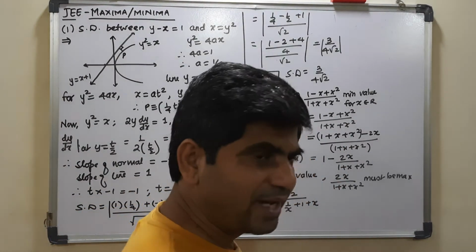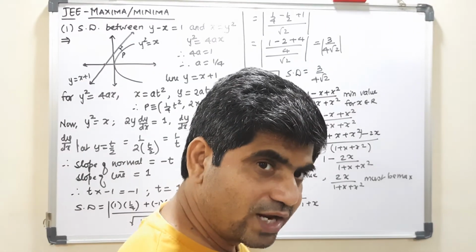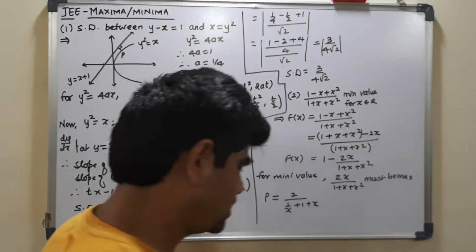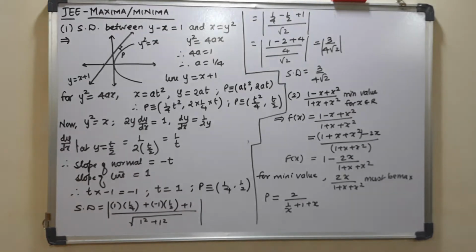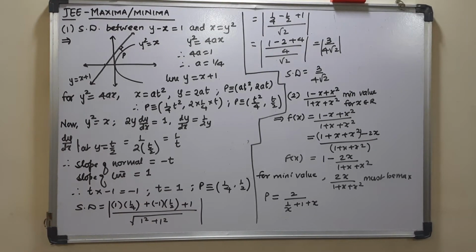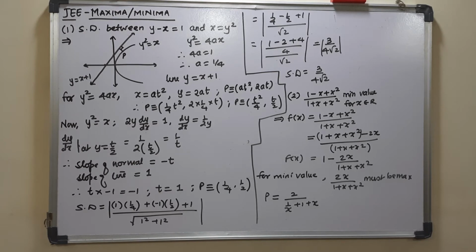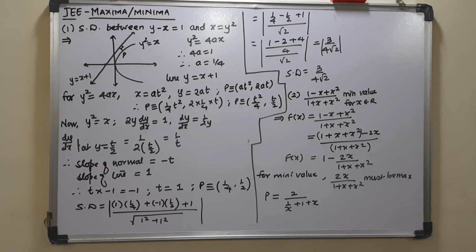Now, if this is to be maximum, I need to get the derivative of this. Because if I get the derivative of this, I will get the required critical point, and at that point I will decide by the second derivative whether it is maximum or minimum.